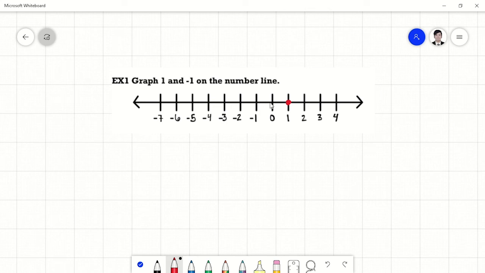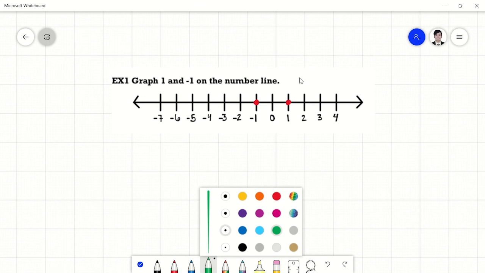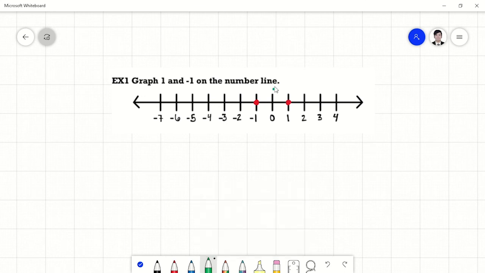-1 is negative, so it would be on the left part of the 0. So -1 here. If you notice, if we base both numbers from 0, you will notice that in terms of distance, they're the same.